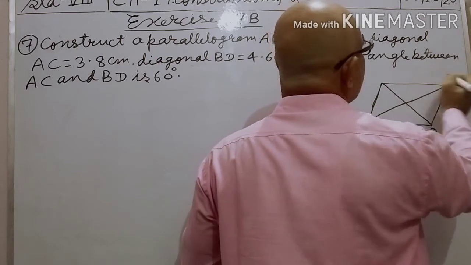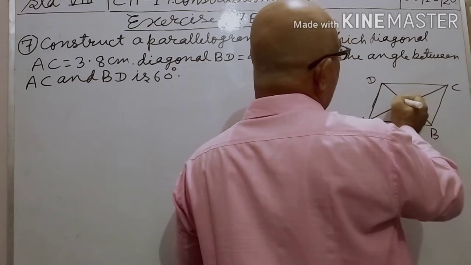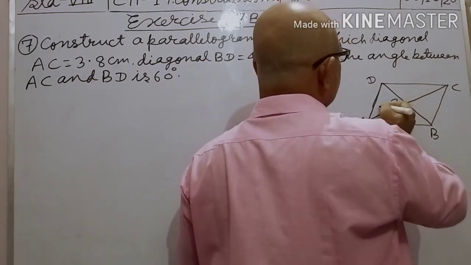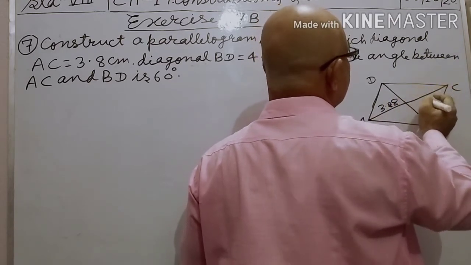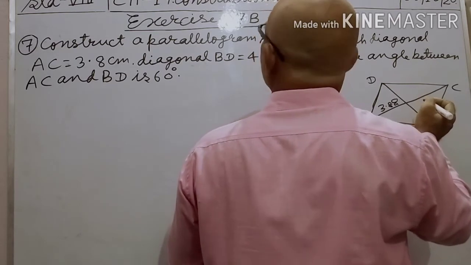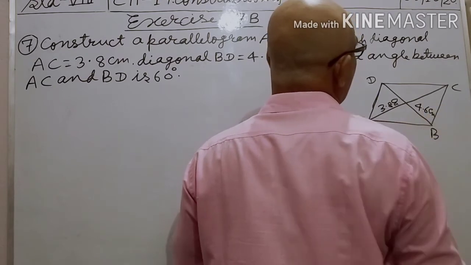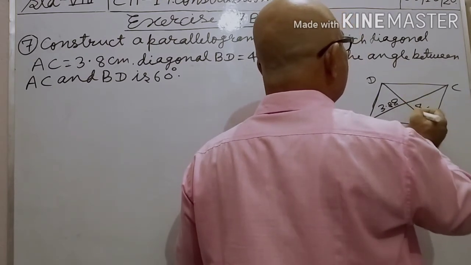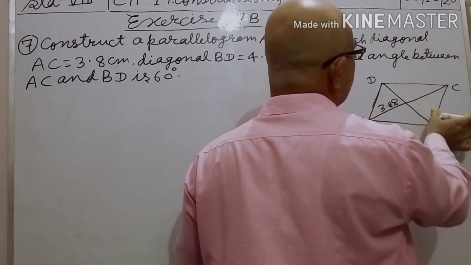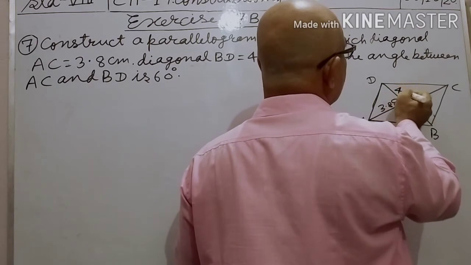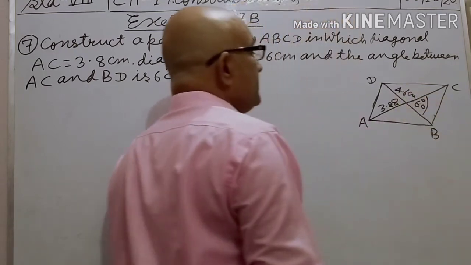A, B, C and D. Diagonal AC is 3.8 cm. Diagonals bisect each other. The second diagonal BD is 4.6 cm, and the angle between AC and BD is 60 degree.